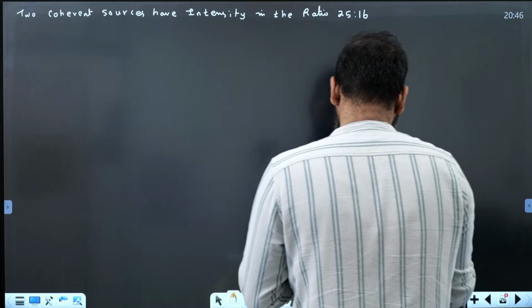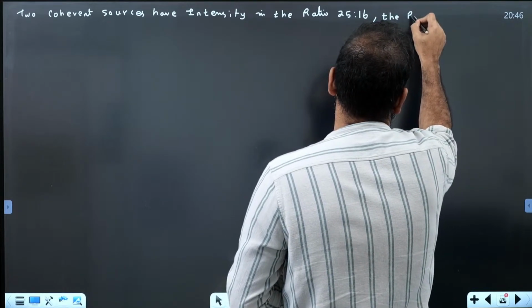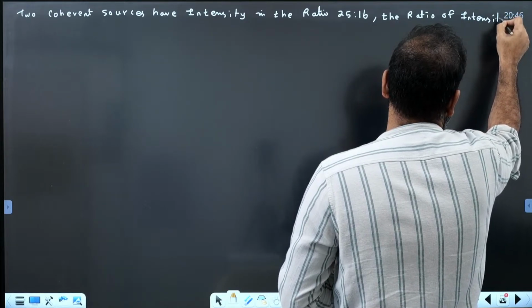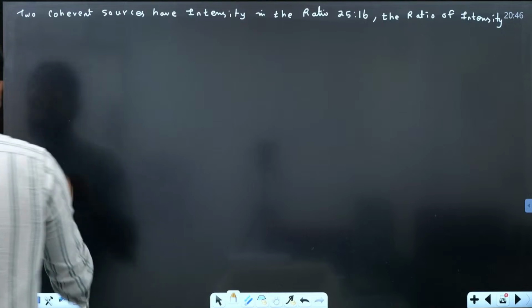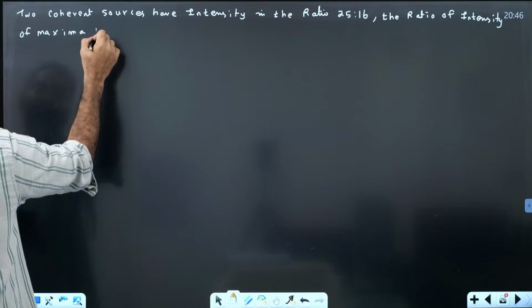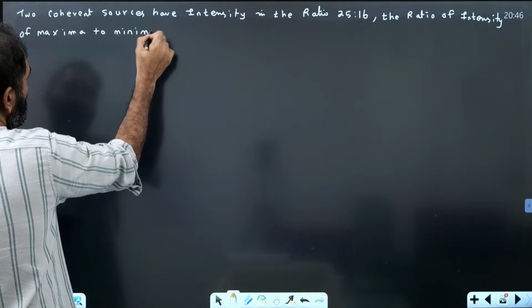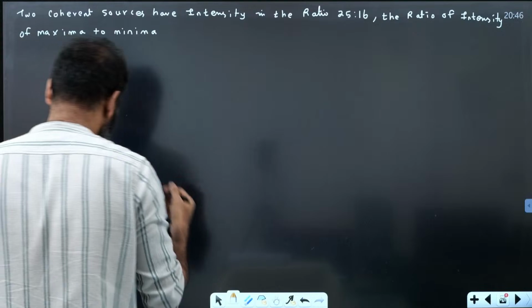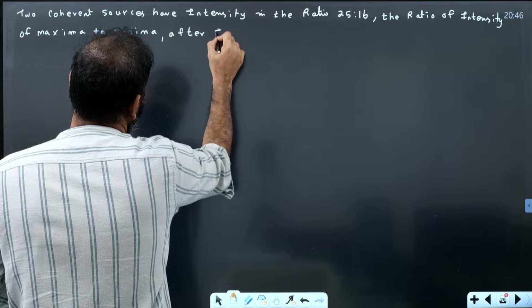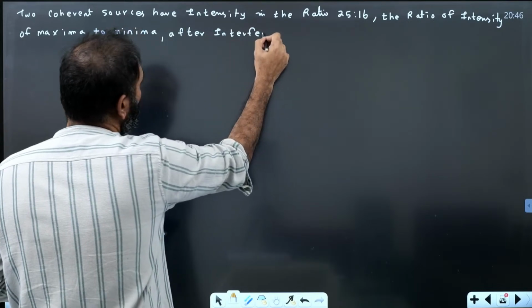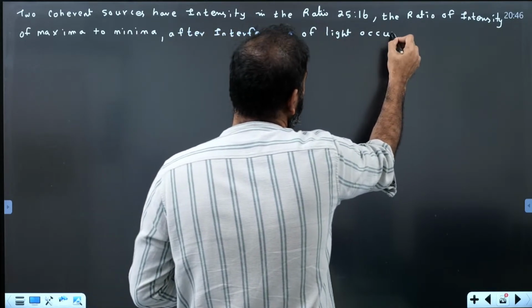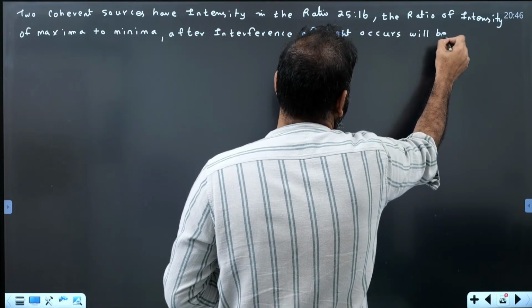The ratio of intensity of maxima to minima after interference of light occurs will be dash.